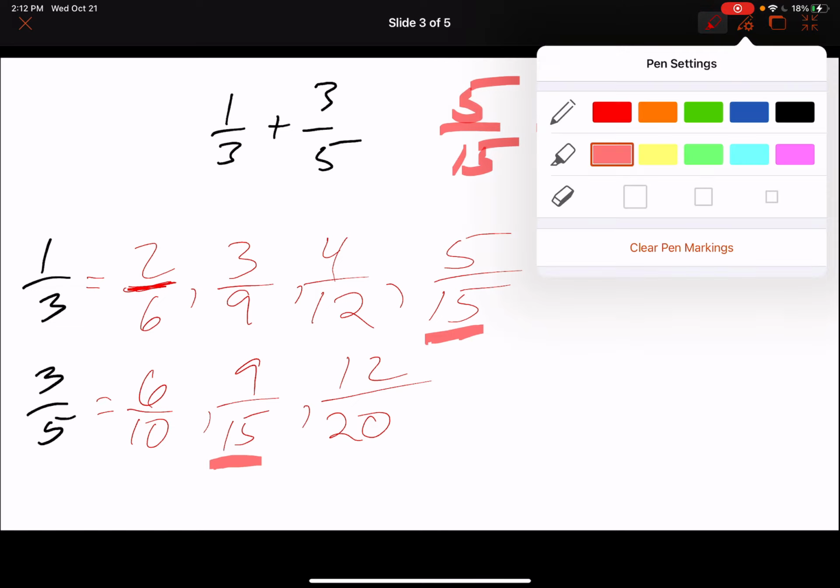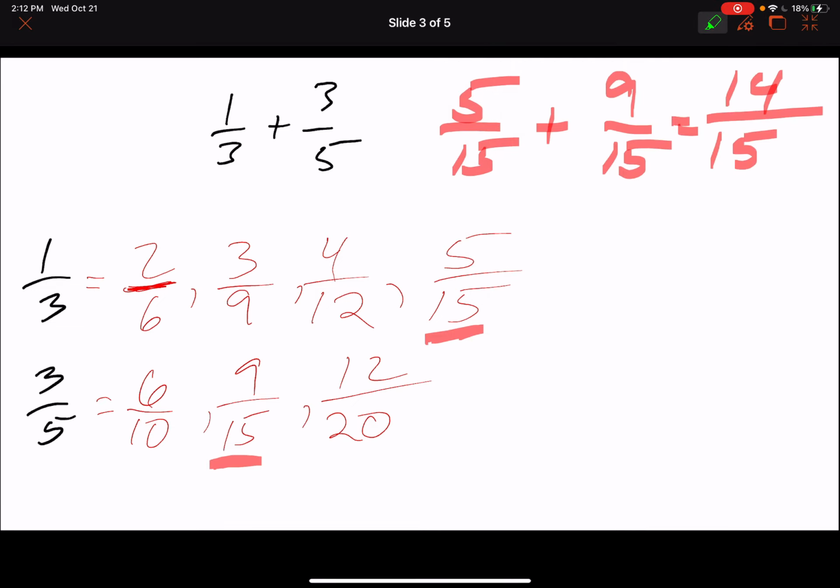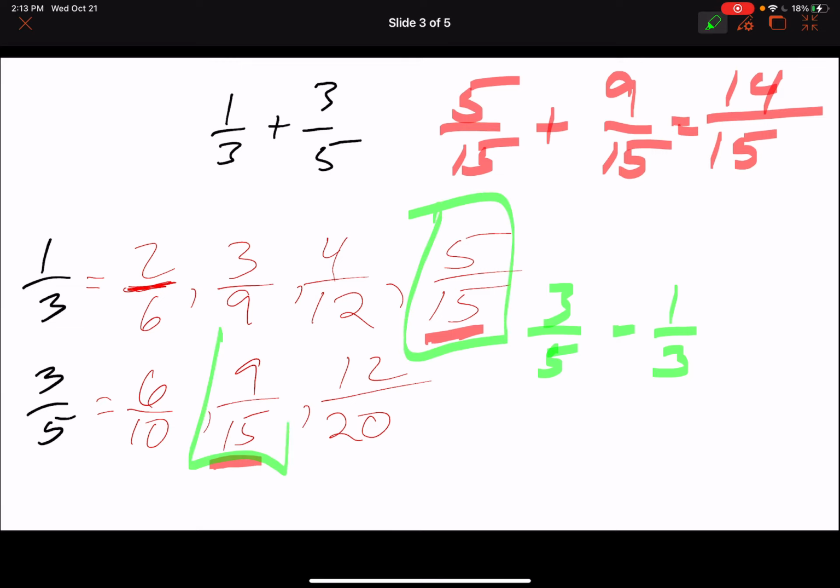Now, what if I didn't want to add them, but I wanted to subtract them? So I have 3/5 minus 1/3. All right, I'm going to use the same method. You find the same common multiple in the denominator, right?